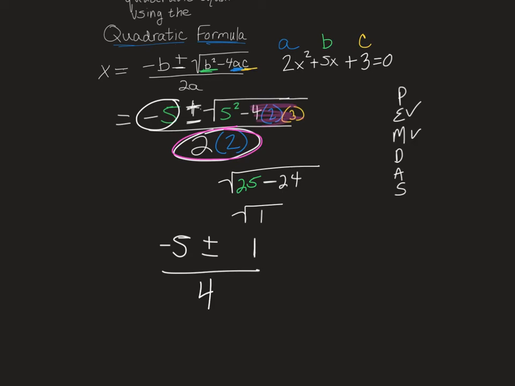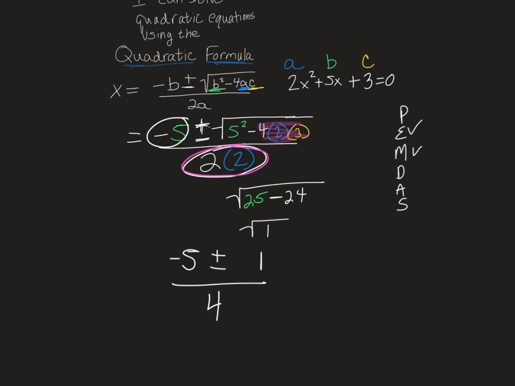So far, all I've done is take care of everything that was under the square root first, simplifying it all the way down until I got just a regular old number. And then I just brought the rest of the formula down. I brought that opposite b down, and then that 2 times a, and brought all of it down.